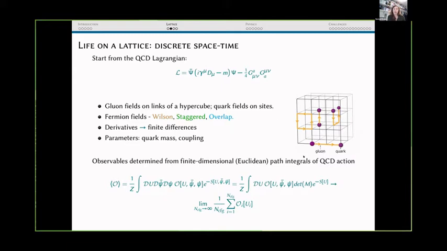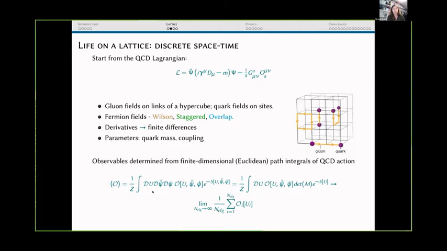One last wrinkle is that we do these numerical simulations in Euclidean time rather than Minkowski time, and that's purely driven by computational necessity to ensure that we can utilize Monte Carlo techniques.